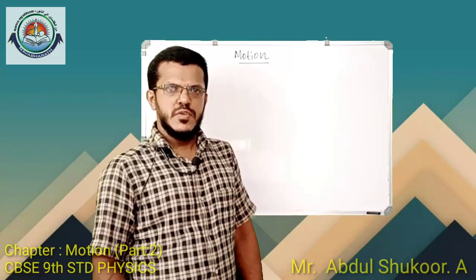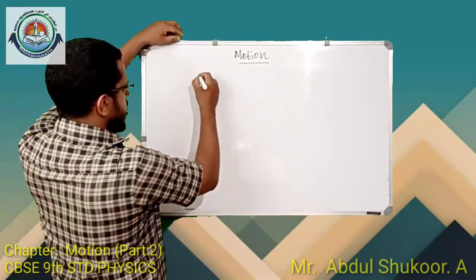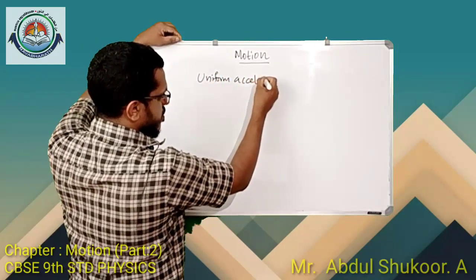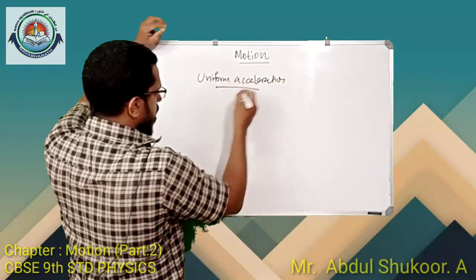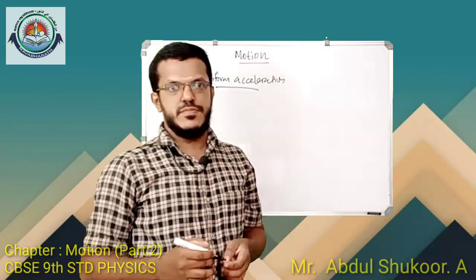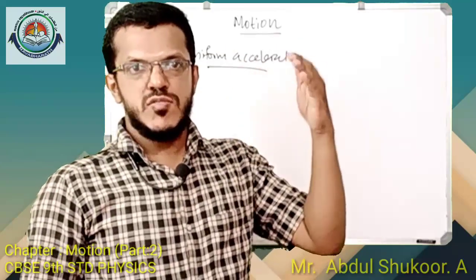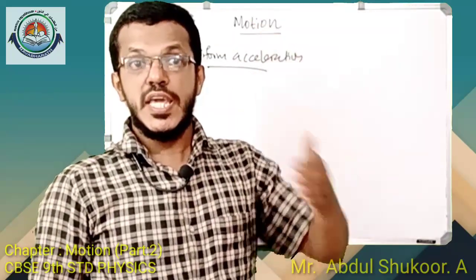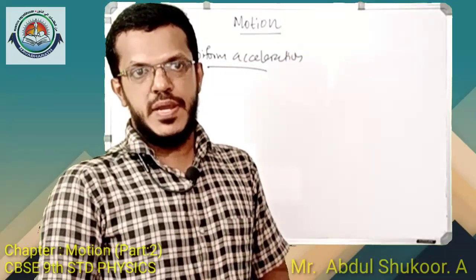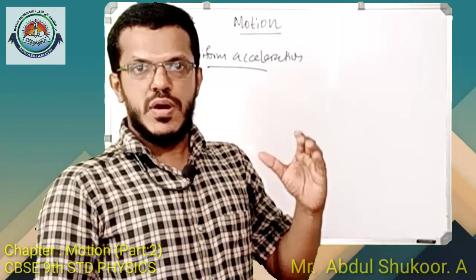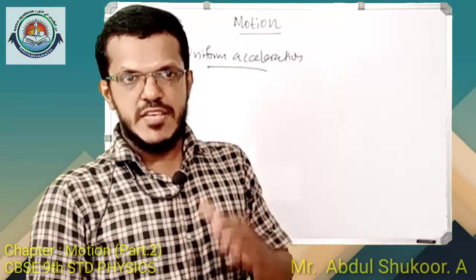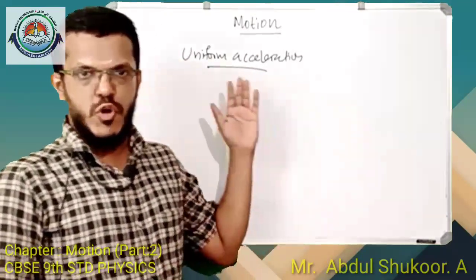There is another term used for acceleration, that is uniform acceleration. What is uniform acceleration? If the velocity is increasing or decreasing at a uniform rate, that is, if an object travels in a straight line and its velocity increases or decreases by equal amounts in equal intervals of time, that acceleration is known as uniform acceleration.